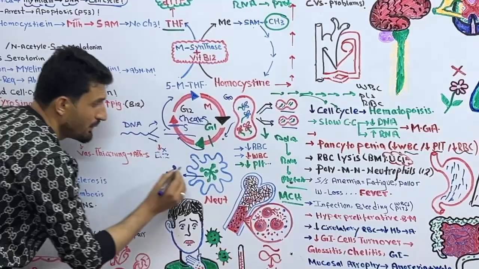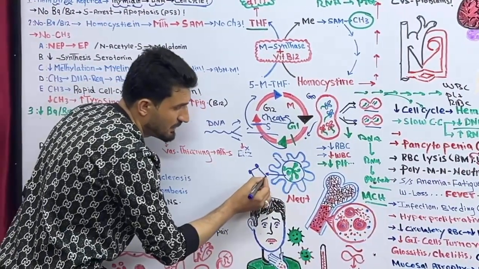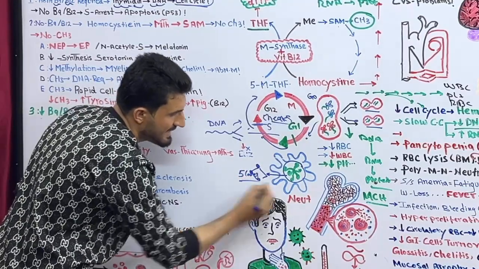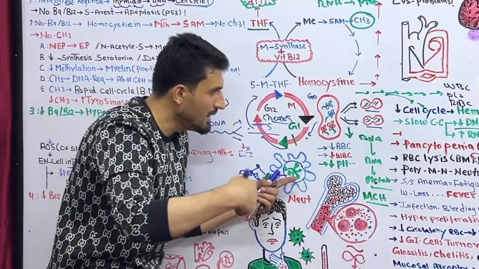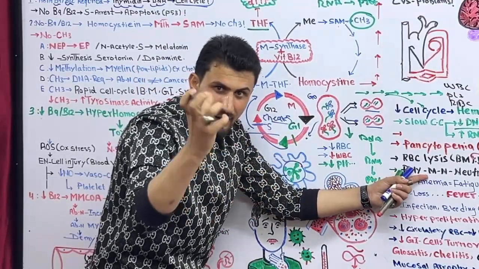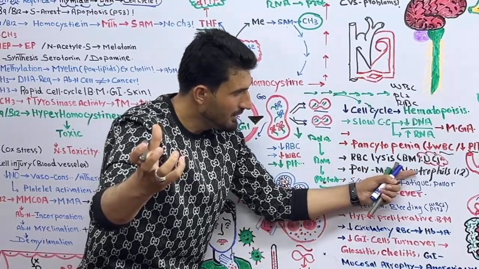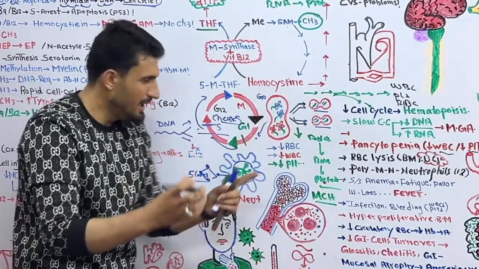When you find a nucleus that has more than five or more than six lobes, this is called polymorphonuclear neutrophil. Poly means more, morpho means shape. It means its nucleus will have more lobes.